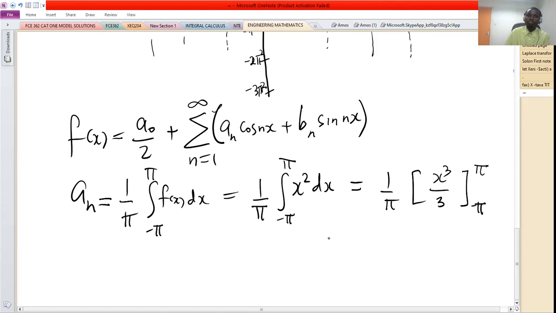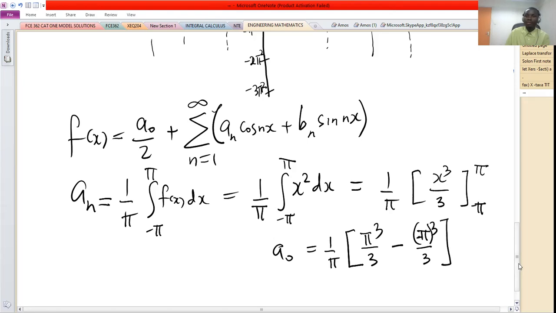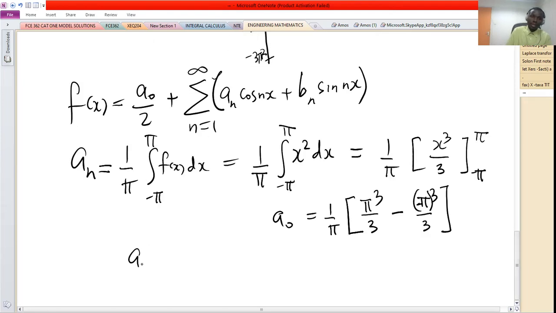And this will be 1 over pi into pi cubed over 3 minus pi cubed over 3 minus pi cubed over 3, so that a naught will be 1 over pi into pi cubed over 3, now plus pi cubed over 3, because this will be negative, negative.